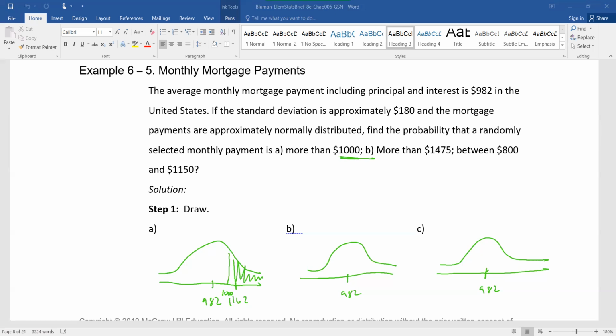All right. So same concept over here. This is 1162 for my first standard deviation, but I can see that 1475 is more than that. So what is 2 standard deviations away then? And how would I calculate it? Okay, so it's 1162 plus 180. Perfect. I can still see that what I'm looking for is more than that. So I need to go to 3 standard deviations. What's 180 plus all this?